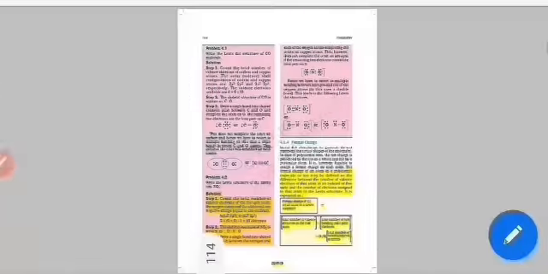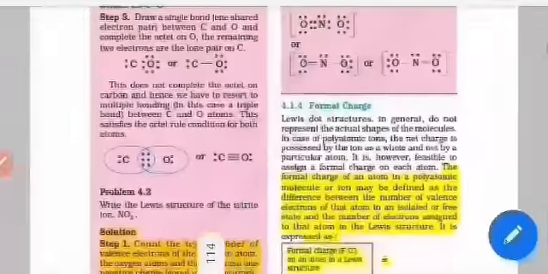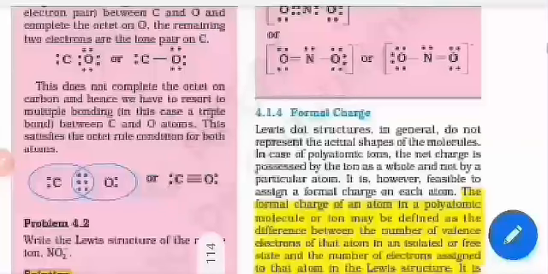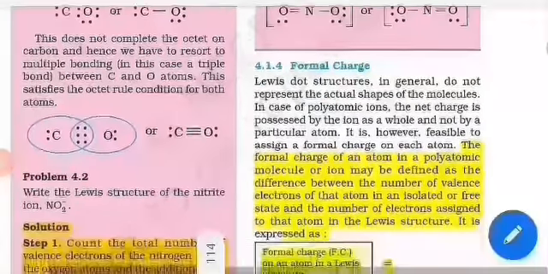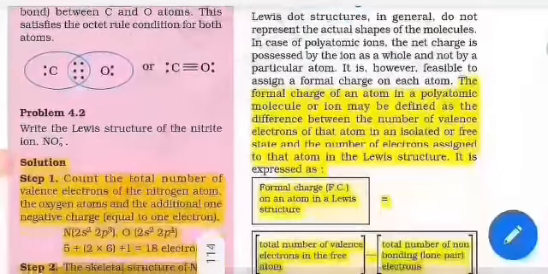Now in this way, when atoms bond with each other by sharing of electrons, they acquire some charge as compared to their neutral state. This is known as formal charge.